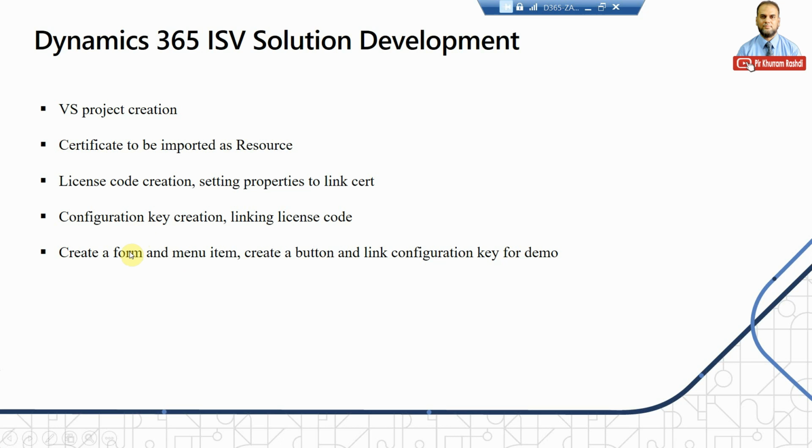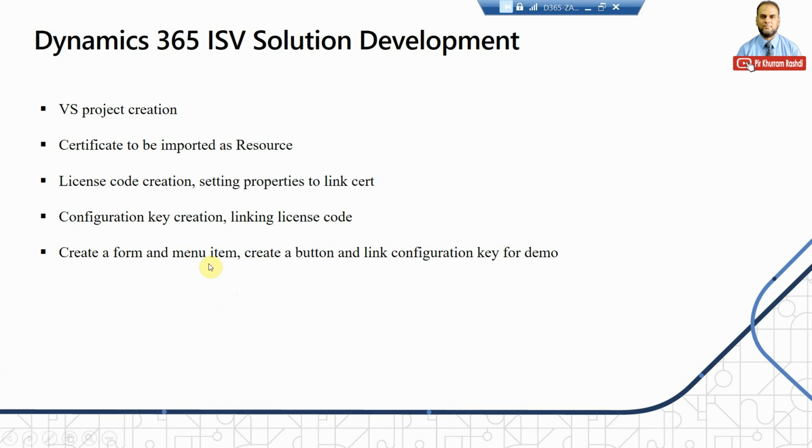And then once the configuration key is created, this configuration key can be associated to various AOT objects, application object tree objects like forms, pages, reports, menu items, where we need to enable that configuration key, so that once our license is applied, only in that case the configuration will check that you have the license. So to enable those objects, so that the feature is available for you because you have purchased the license.